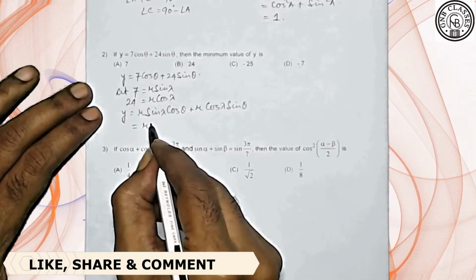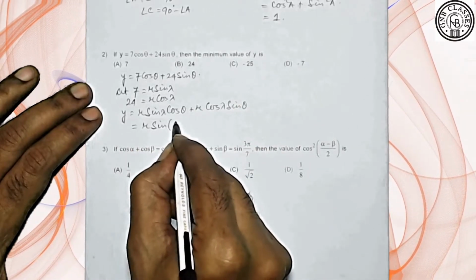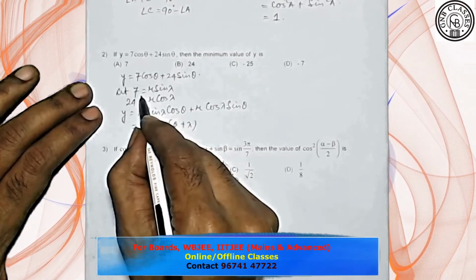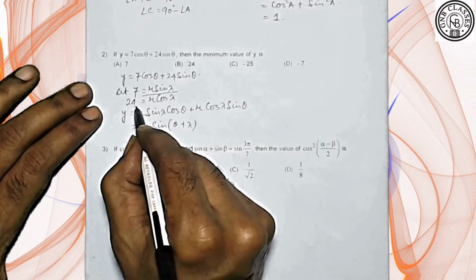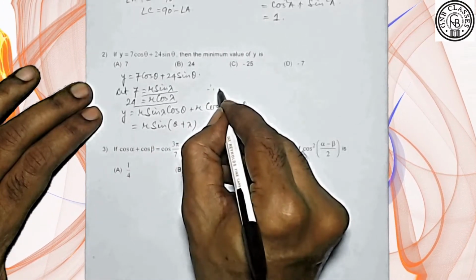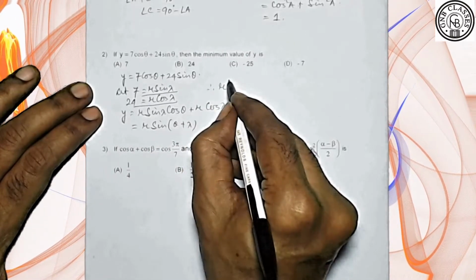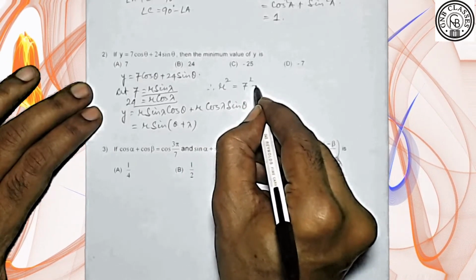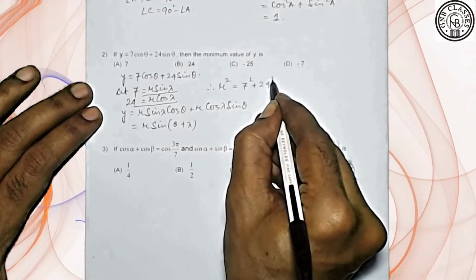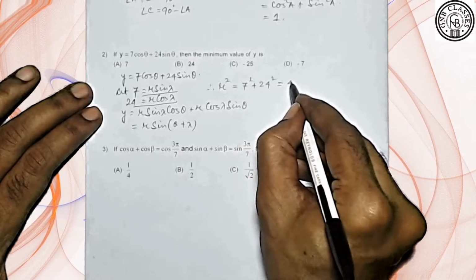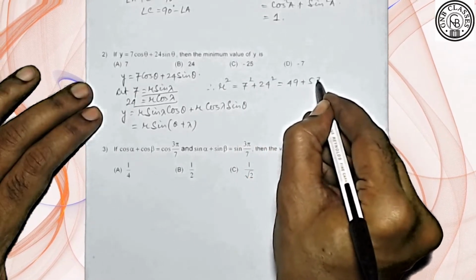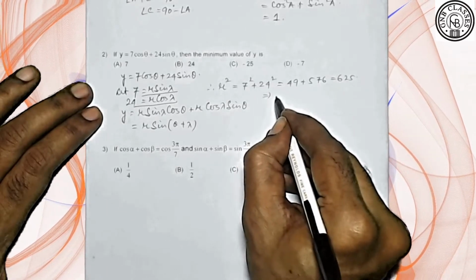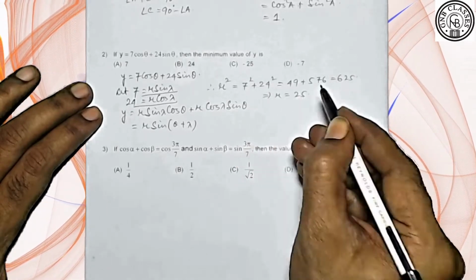So that gives us r sine theta plus lambda. Is it clear? Now, as 7 is r sine lambda and 24 is r cos lambda, therefore, if we square and add the corresponding sides, we are going to have r square equals to 7 square plus 24 square, which gives us 49 plus 576. That is 625, implies r is nothing but 25.